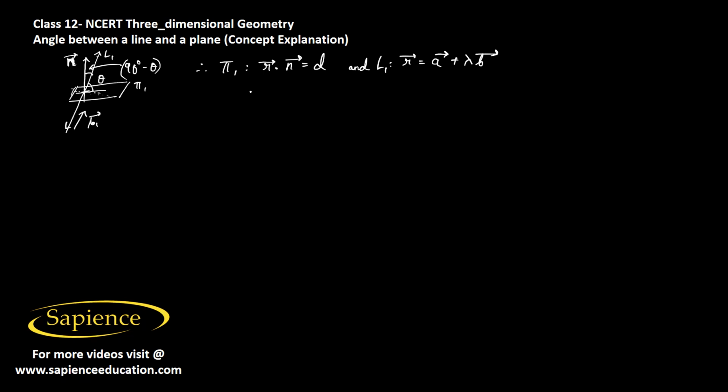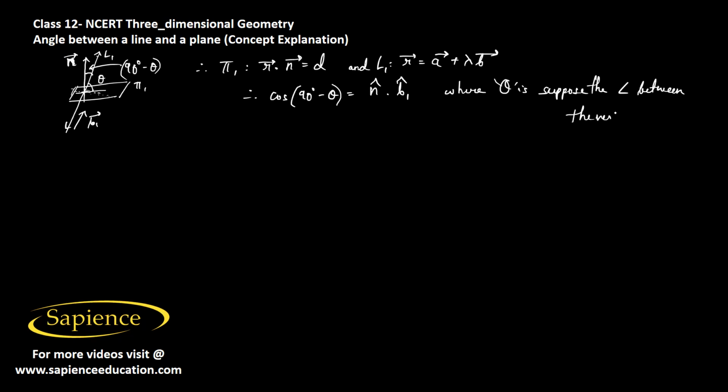So now, therefore, if we take the angle in between the vectors b1 and n, that will be 90 minus theta. Therefore, cos of 90 degree minus theta will be equal to n cap dot b1 cap, where theta is the angle between the vectors b1 and n vector.